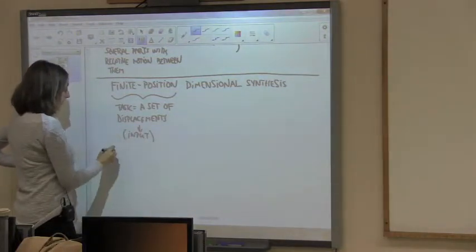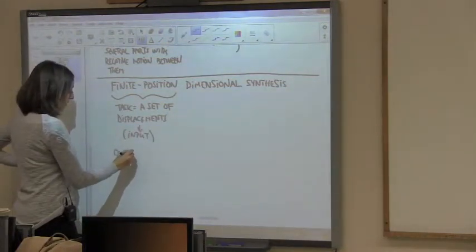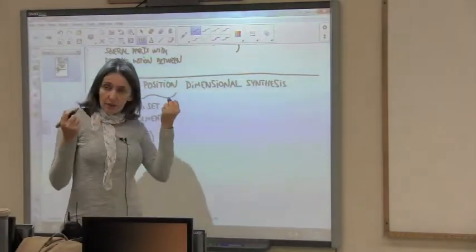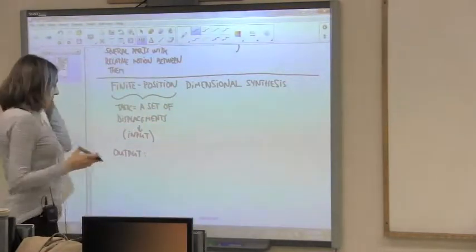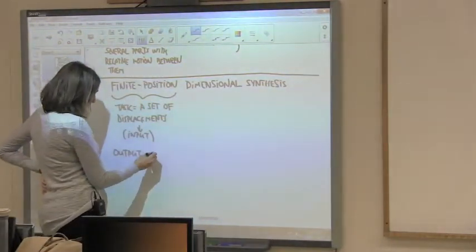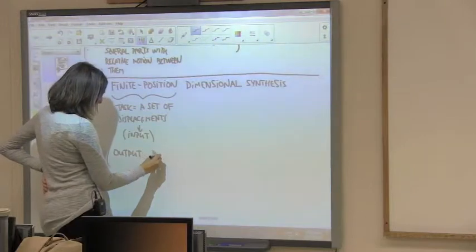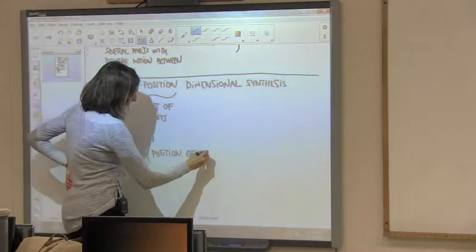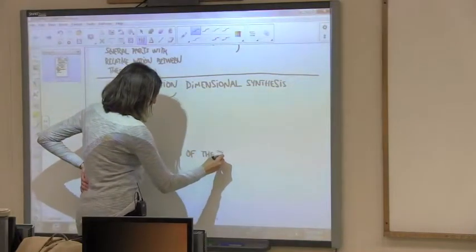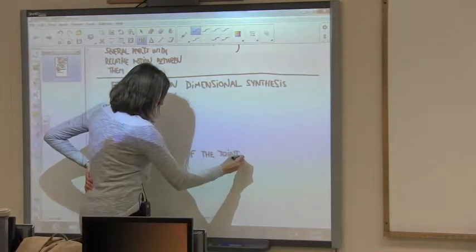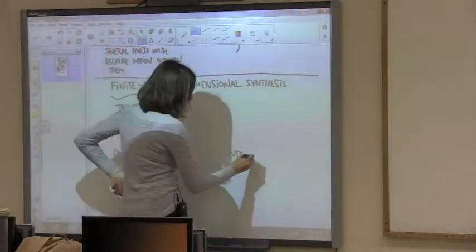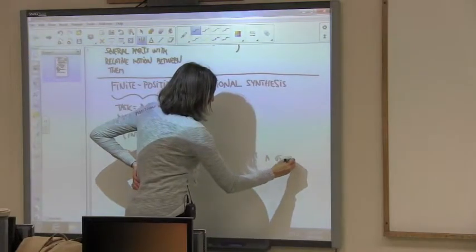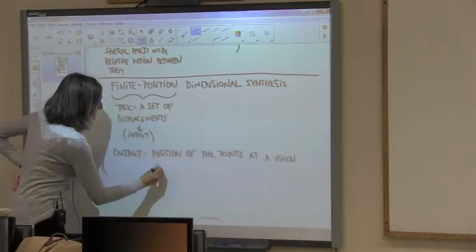Okay. And then our output, what we want to get is how this linkage is, the actual location of the joints. So the position of the joints at a given configuration.